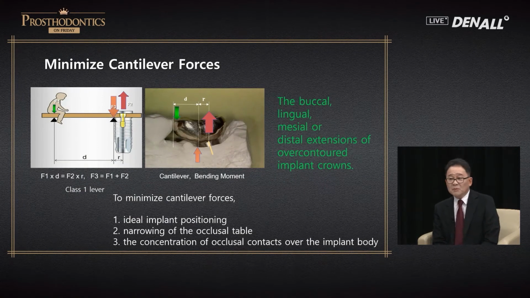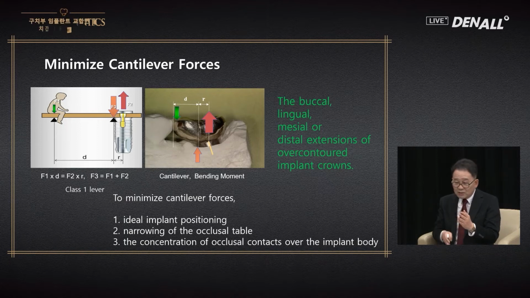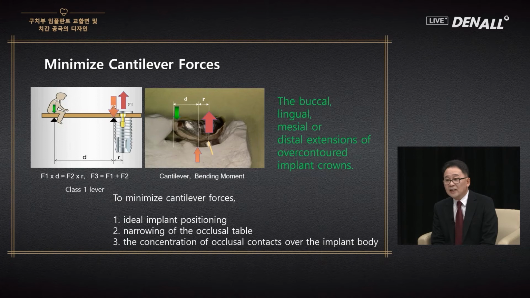Cantilever is understood as something not to be done as much as possible. We are focused on the mesial or distal cantilever, and some consider buccolingual as not a cantilever. We need to consider all directions for the cantilever.